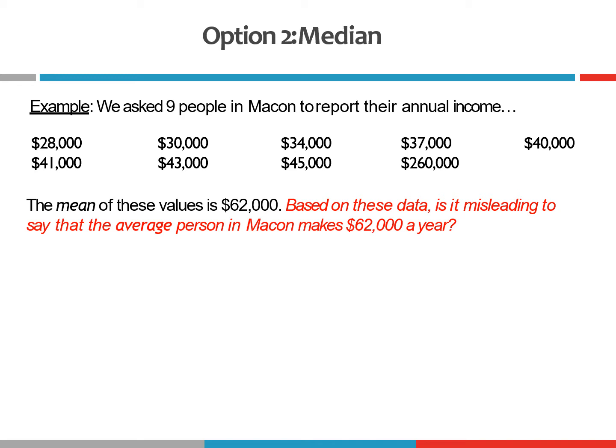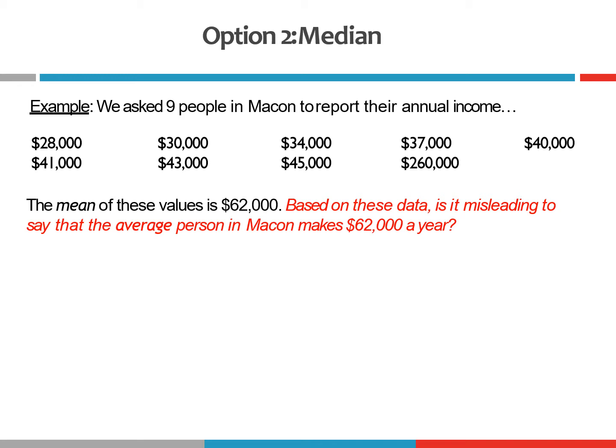Probably not, because with this particular data set, there's one value that seems to be pulling the mean up, or increasing the mean. So obviously here that value is 260,000. That is clearly an extreme score or an outlier in our data set. It is much, much higher than most of the values in the data set.